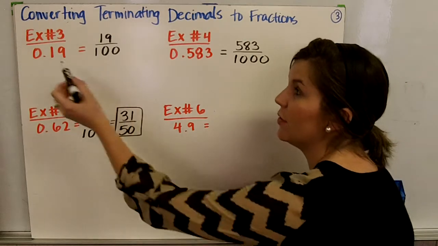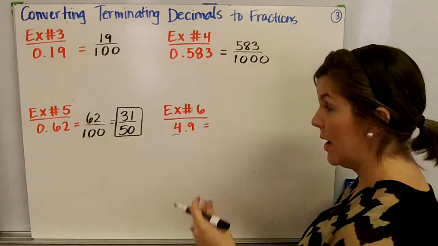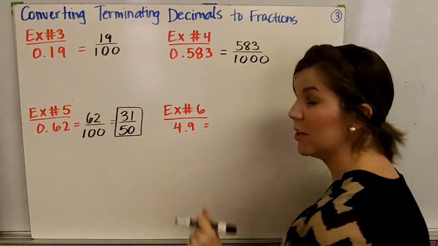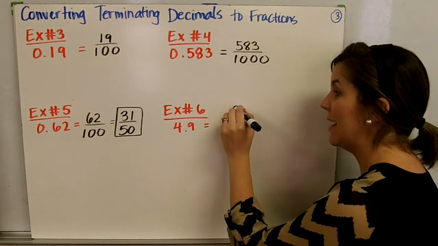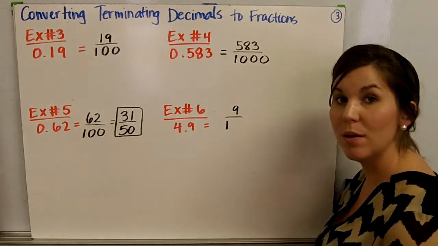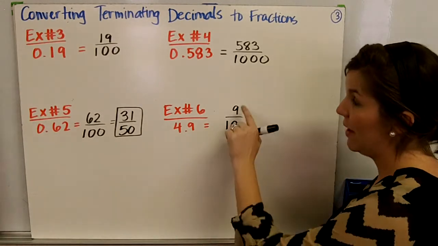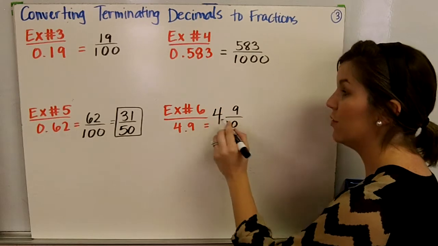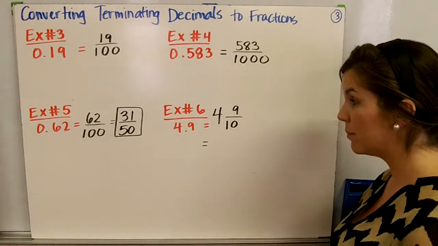Now, this one's different than the others because it has a whole number part. The whole number part is 4, and we're going to have to convert that at the end. So let's look at just the decimal part, 9/10. So 9, put a 1 in the bottom, and then add zeros until the bottom's bigger. So now I have 9/10. Well, this is 4 and 9/10. I don't want to leave my answer as a mixed number.